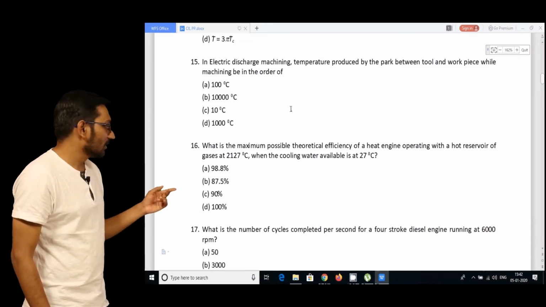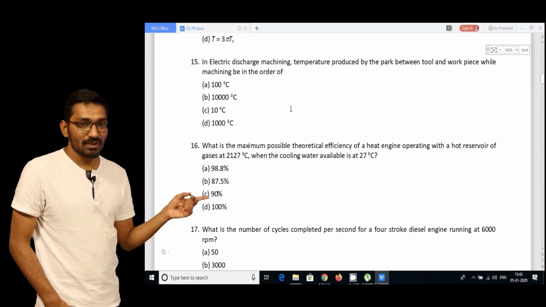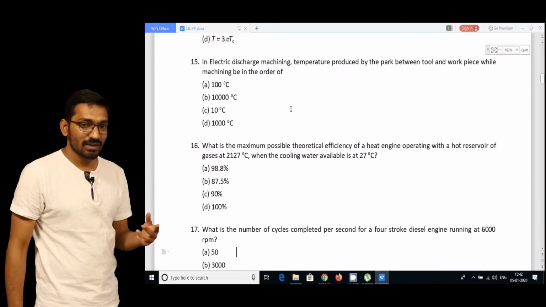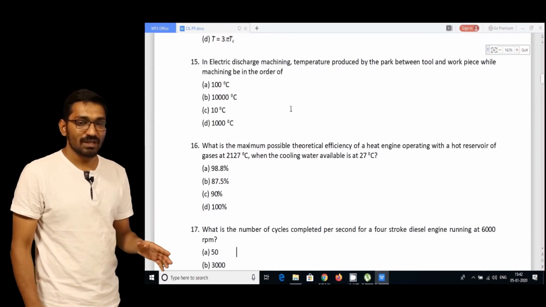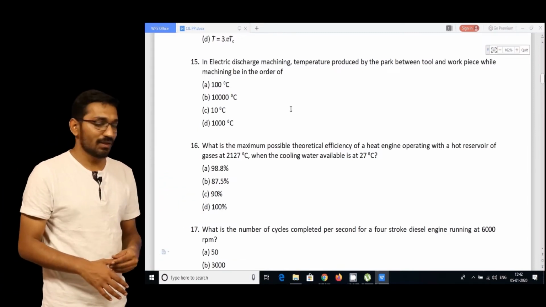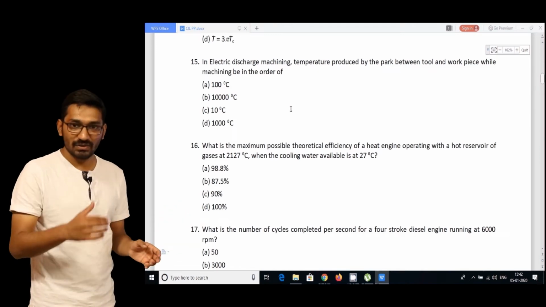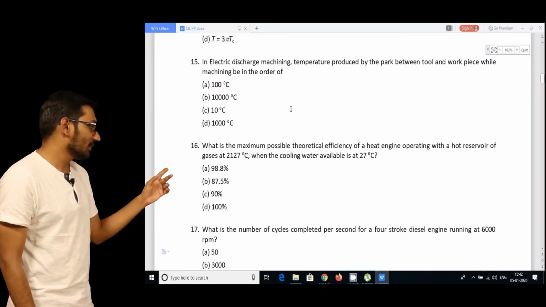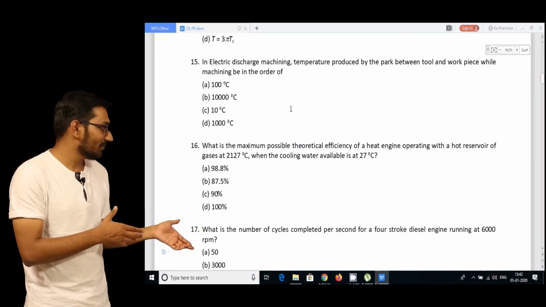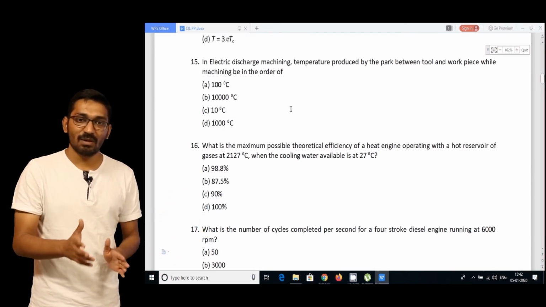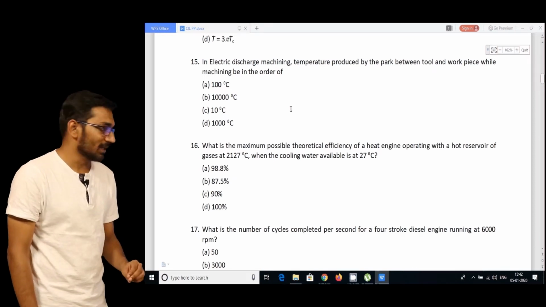So T2 is 27 plus 273, which is 300 Kelvin, and T1 is 2127 plus 273. We convert the temperature into Kelvin and put it in the formula 1 minus T2 upon T1, then the answer will be 87.5%. He is asking for the maximum efficiency, and maximum efficiency is that of a reversible cycle.